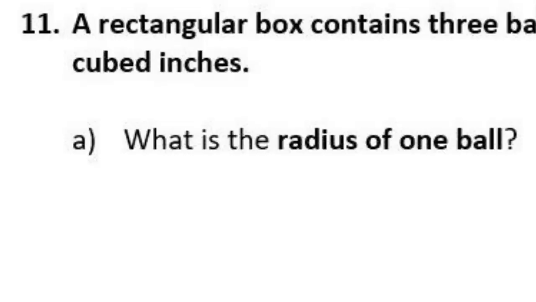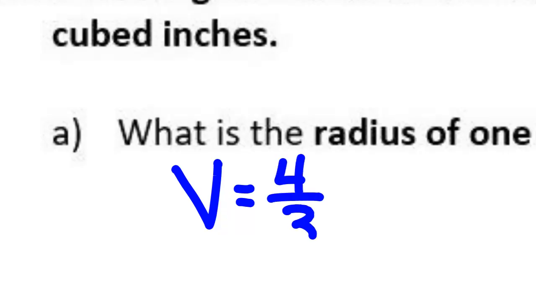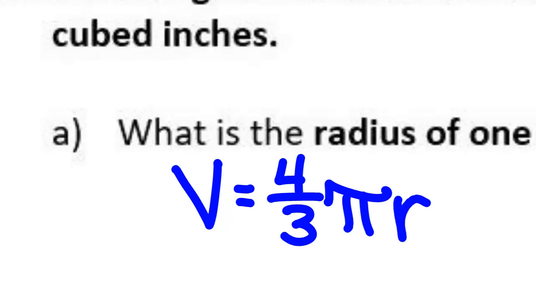Since they gave me the volume, what do you think I'm going to need to use? It said find the radius, but I need to use what? The volume formula. What is the volume formula for a ball, for a sphere? 4/3 pi r cubed.